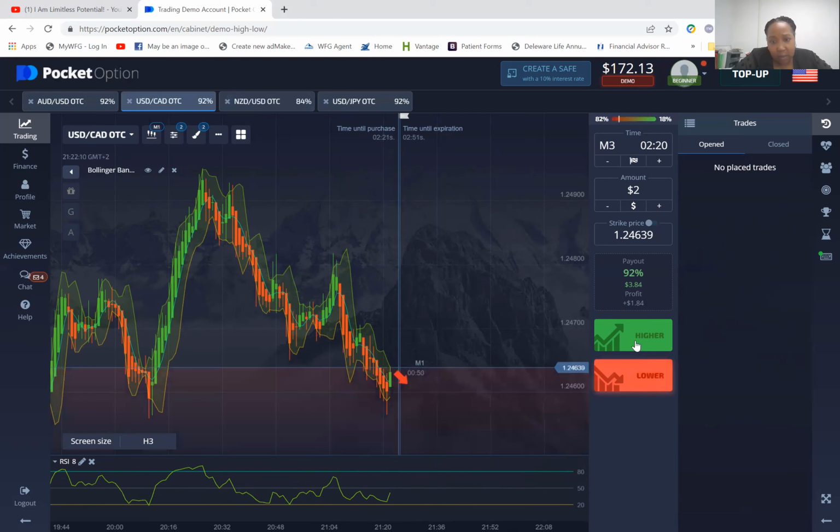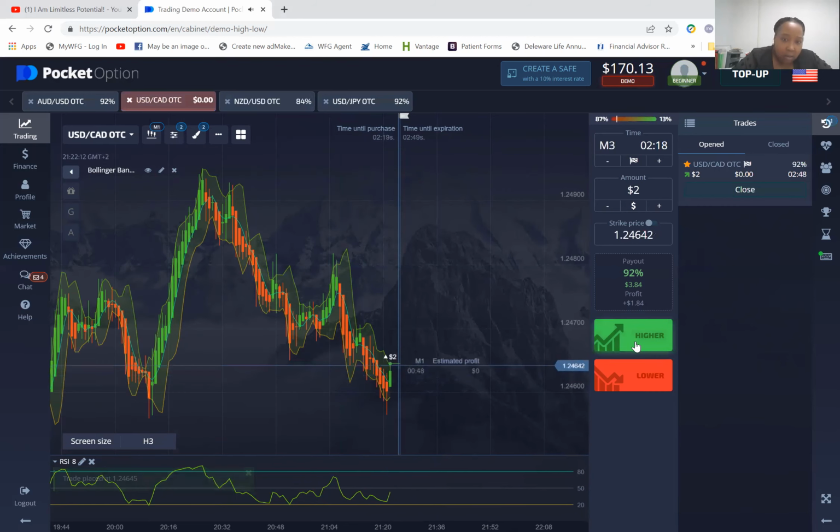I guess we could take that trade as it continues to push to the upside, breaking past the high of the red candle that was before it, that closed outside of the Bollinger.